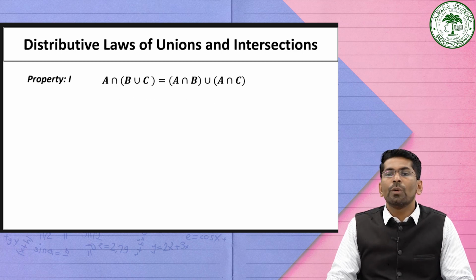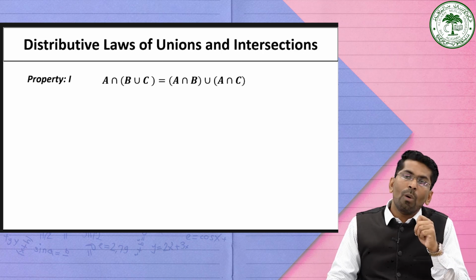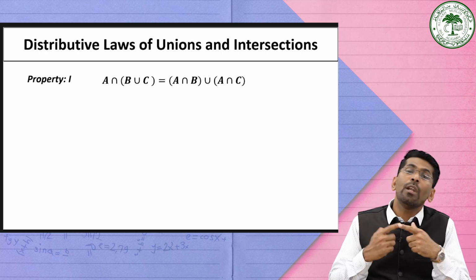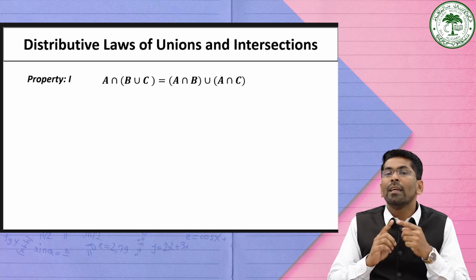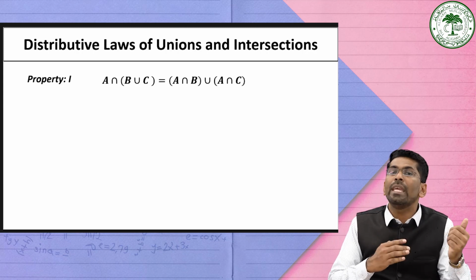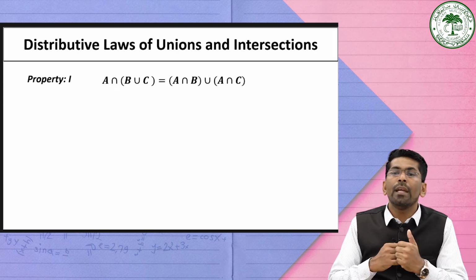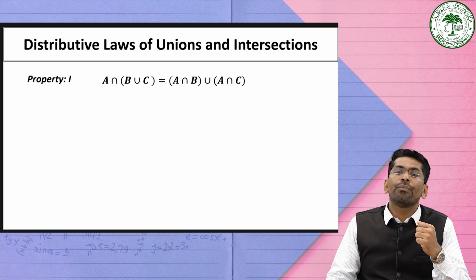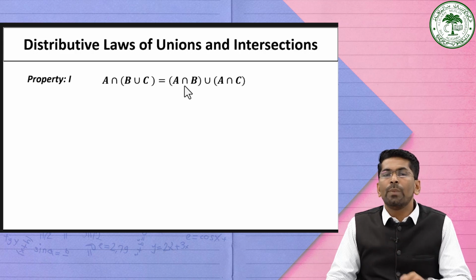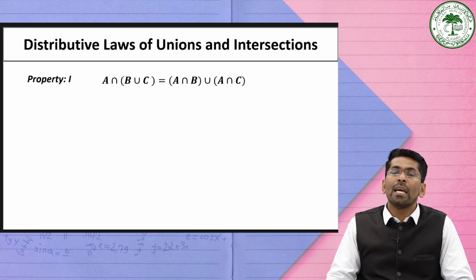This law shows the distribution of the intersection operation over the union operation, that is, the intersection of set A with the union of sets B and C is equivalent to the union of the intersection of A with B and A with C.